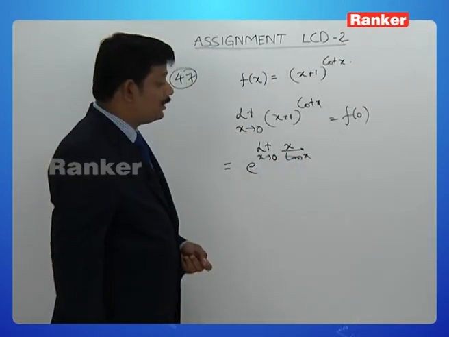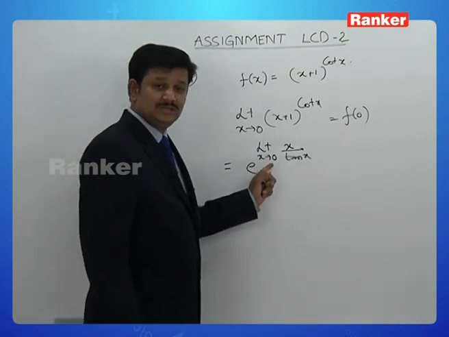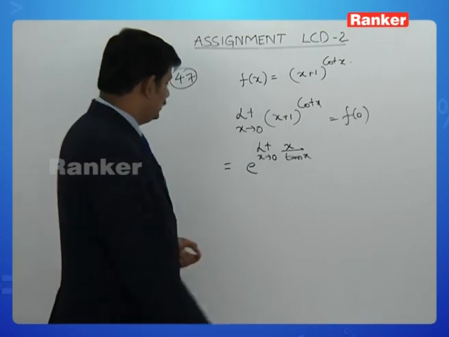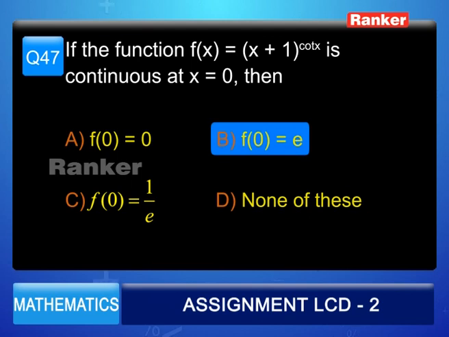Instead of multiplying by cot x, we can divide by tan x. And this is an elementary limit, limit x tending to 0 of x by tan x is 1. So our answer is e, which is option B.